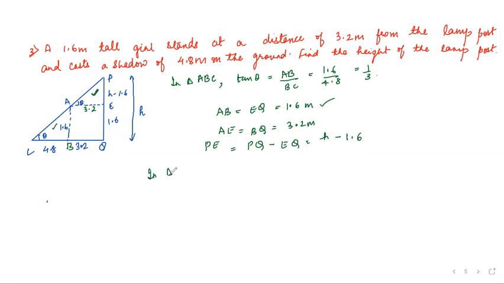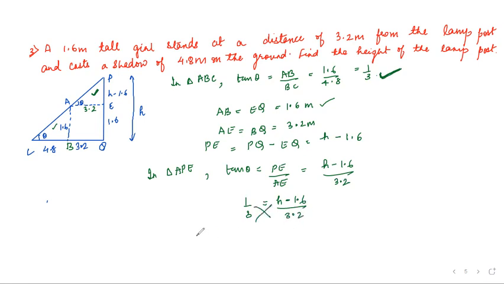So in triangle APE, tan theta again is equal to PE by AE. So PE is H minus 1.6, by AE is 3.2. But since we have already found tan theta is 1 by 3, instead of tan theta, I can write 1 by 3 is equal to (H minus 1.6) by 3.2.